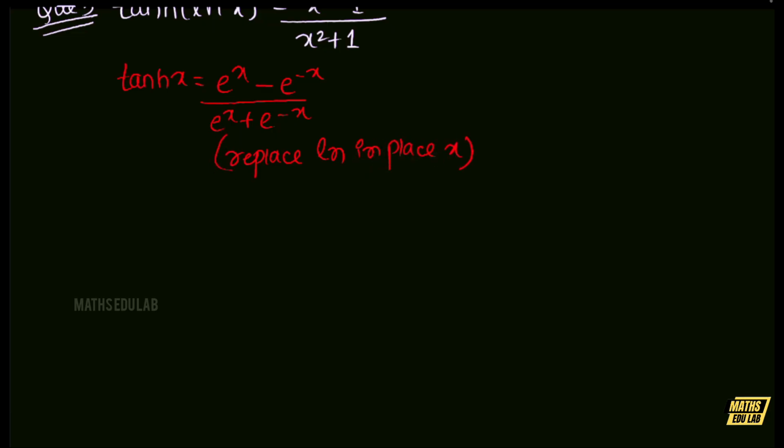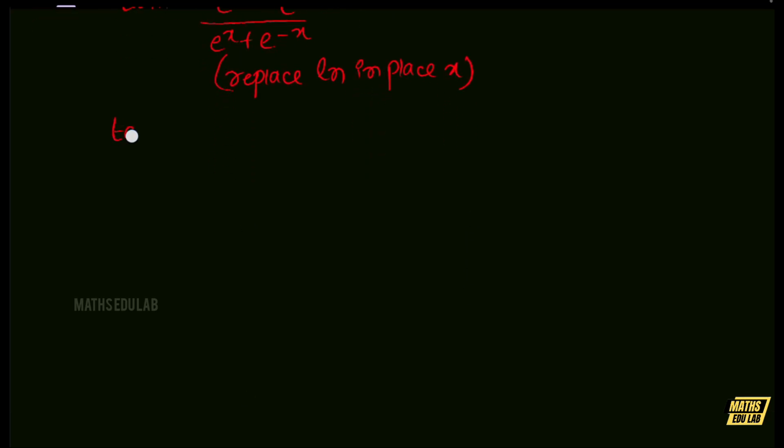So on replacing, I can write it as tan hyperbolic ln x is equals to e to the power of ln x minus e to the power of minus ln x upon e to the power of ln x plus e to the power of minus ln x.